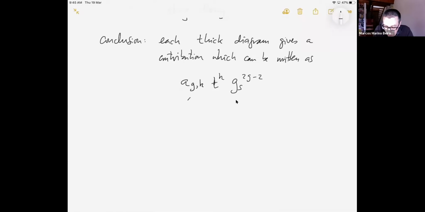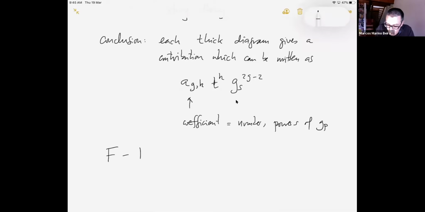So here, this is a coefficient, which is a number, and includes also powers of the coupling. But what is interesting is that the dependence on t is in this way and the dependence on g_s is this way.